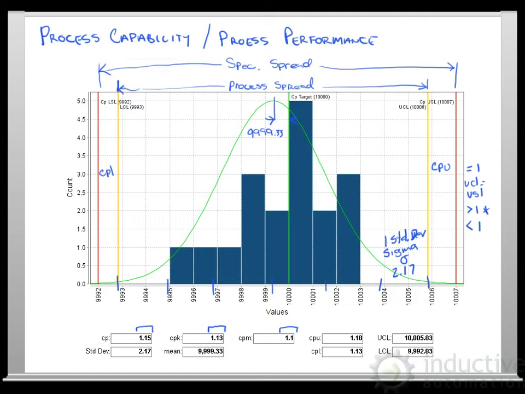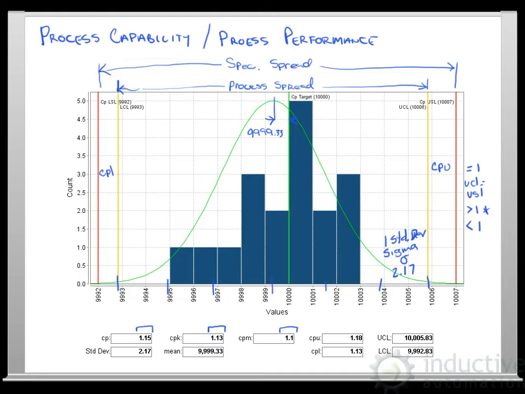So from the mean, the upper control limit is going to be 3 standard deviations to the right, and also the lower control limit 3 standard deviations to the left. And then we're taking a look at that compared to our spec limits on our process capability here. So the upper control limit's this number, lower control limit is this number.